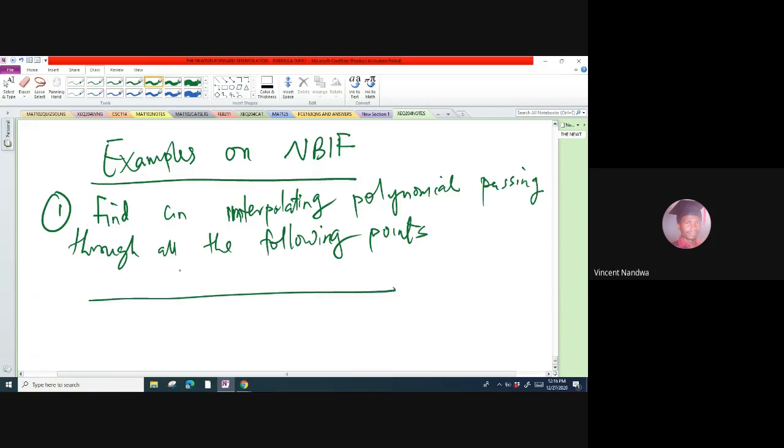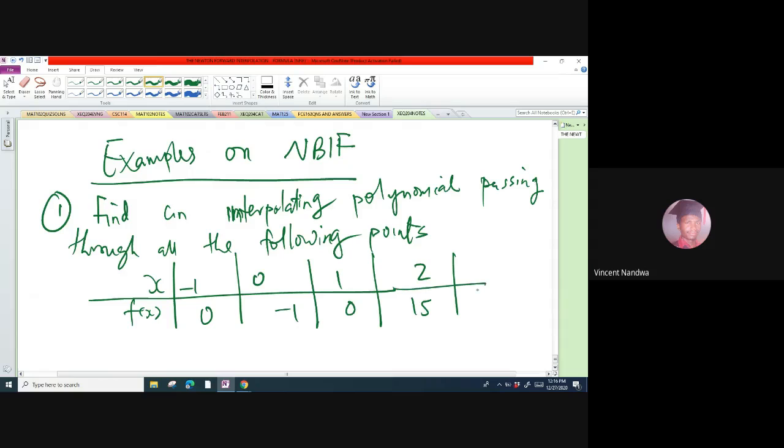You just want to do the same examples to see how we arrive at the same solution. The x values are -1, 0, 1, 2, and the f values are 0, -1, 0, 15. So as usual, you draw the difference table.